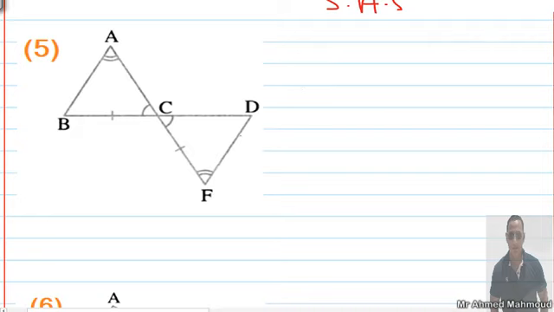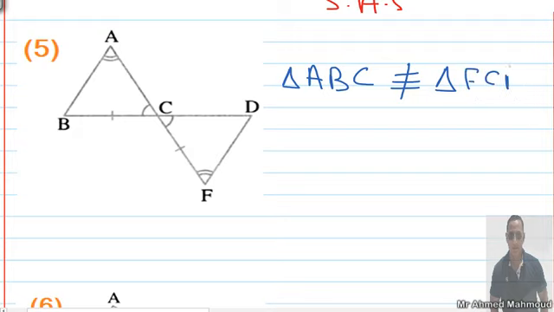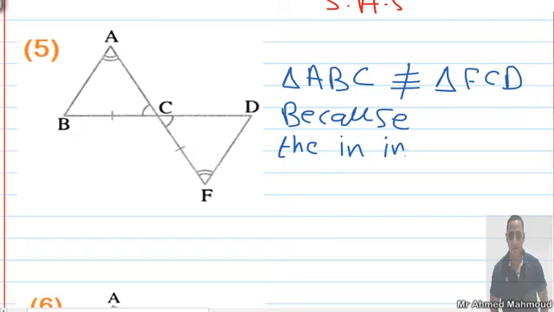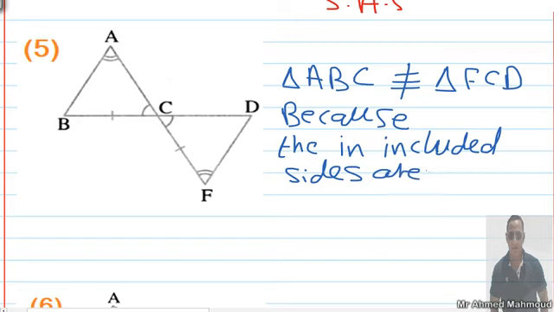Okay, we can write this one by many different reasons. First, I'm going to say that triangle ABC is not congruent to triangle FCD because the included sides are not congruent.